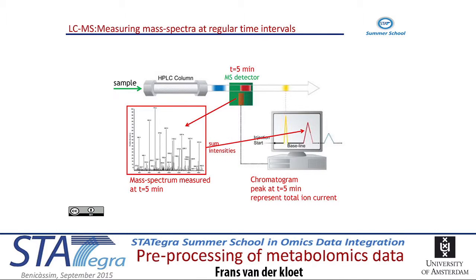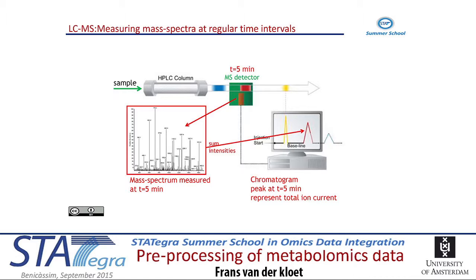And this is really an issue you need to understand when we talk about mass spectrometry. This one is what we call the TIC, the total ion current, which is the sum of all intensities of all masses that I've measured at this time point.